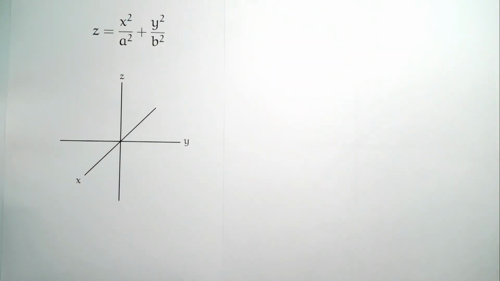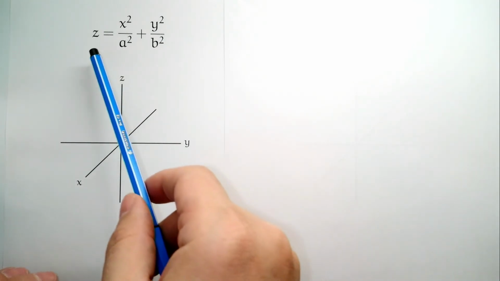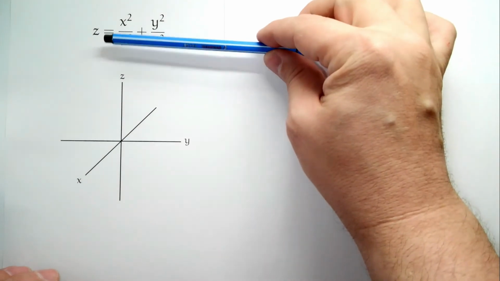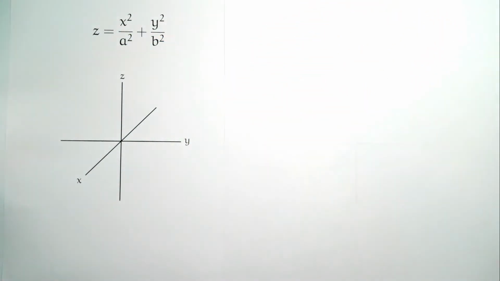All right. So, z equals x squared over a squared plus y squared over b squared. What do we see here? Well, let's think about cross sections. As we let z vary, if it helps, just think of a and b being 1 for now. z equals x squared plus y squared.